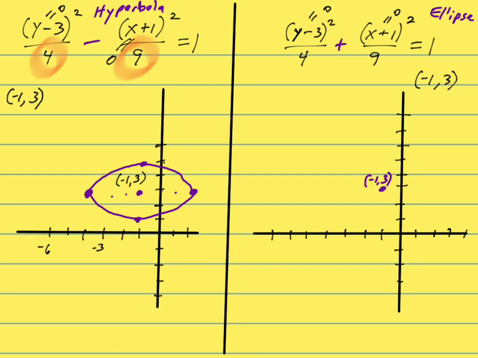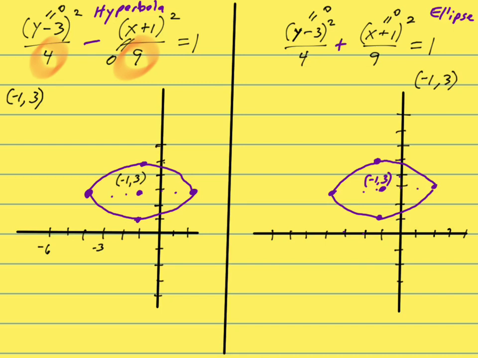I apologize. I go 3, what do I go? 3 to the right? Yes? And 3 to the left? 1, 2, 3. You go 2 up, and you go 2 down. And on this one, the one that actually is an ellipse, is where you sketch the ellipse.